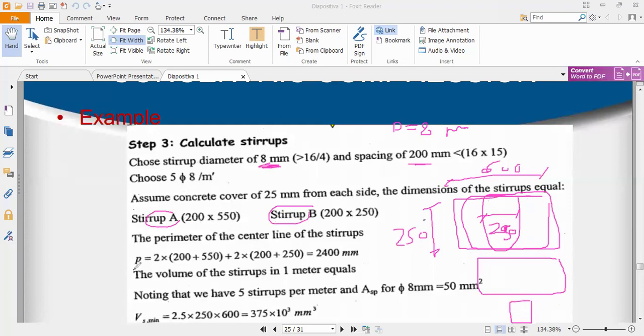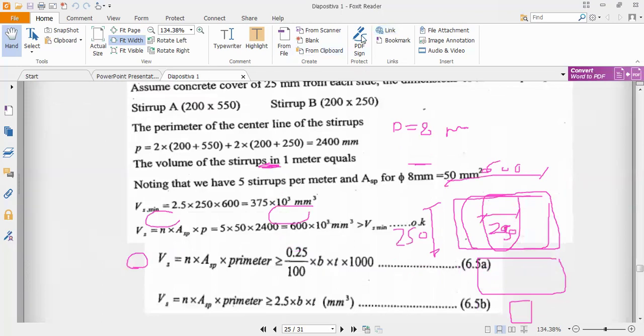To give the parameters, we have equations. What is the equation required? Volume is equal to n, the number of strips, multiplied by the area of steel of strips, multiplied by the parameters.